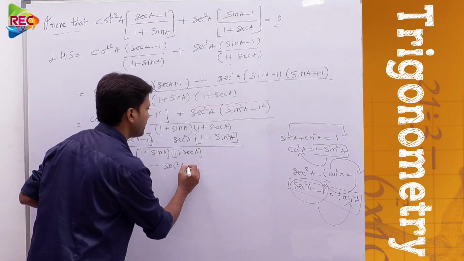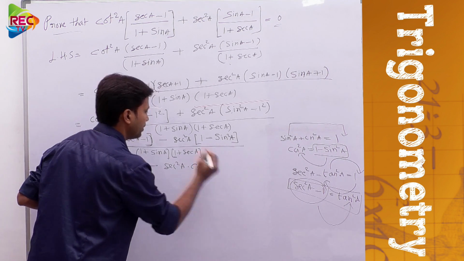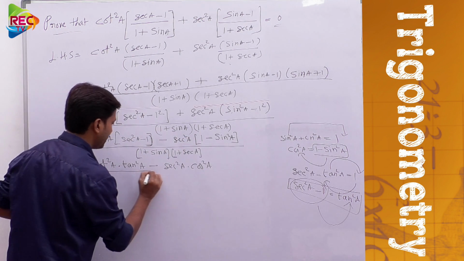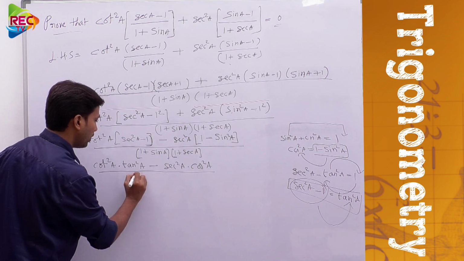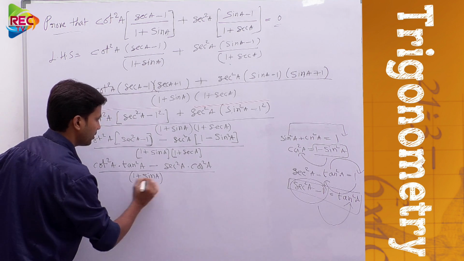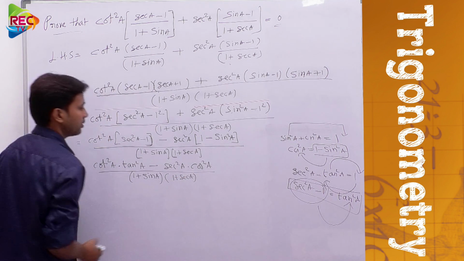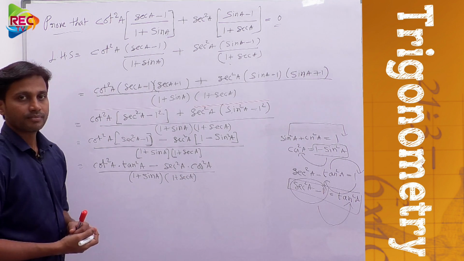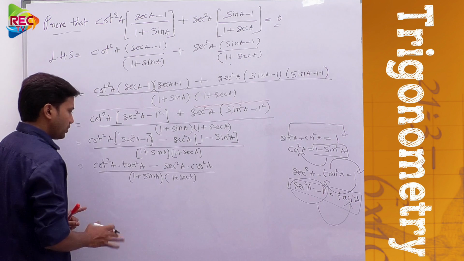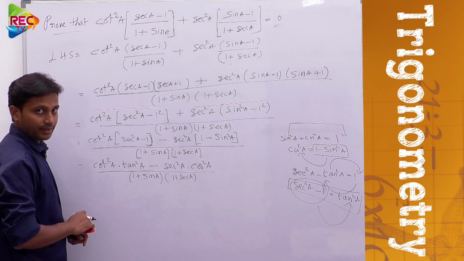In place of 1 minus sin square A, you can write cos square A divided by 1 plus sin A into 1 plus secant A. Now just see, here is cot square A and this is tan square A.